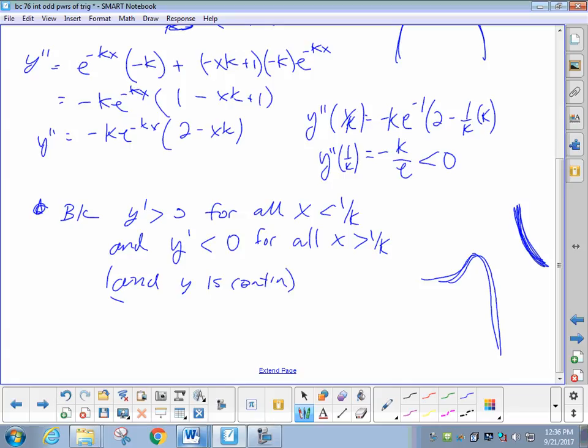There's an absolute max at x equals 1 over k. I wish they wouldn't have said second derivative test. It would have been better to make it a first derivative. All right, that's okay. That was a bit of a mess. Sorry about that. I should have probably qualified it or changed it.